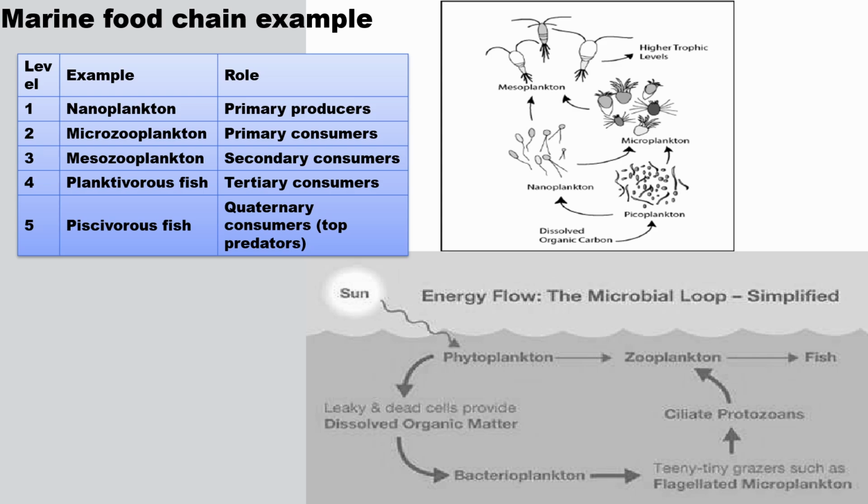So, what is the key takeaway here? The microbial loop makes the open ocean food chain longer, allowing more trophic levels than land ecosystems. This is why open ocean ecosystems can support up to 5 trophic levels, from nanoplankton all the way to large piscivorous fishes.